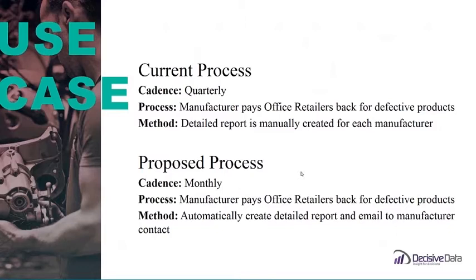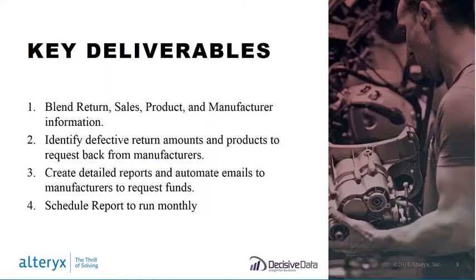So we came up with a new proposed process. We want to do this monthly. We still want our manufacturer to pay us back for defective products, and we want to automatically create this detailed report and email it to the manufacturer via some main contact, so that we don't have to think about this anymore. It's a set and forget. We're going to do 4 key things.